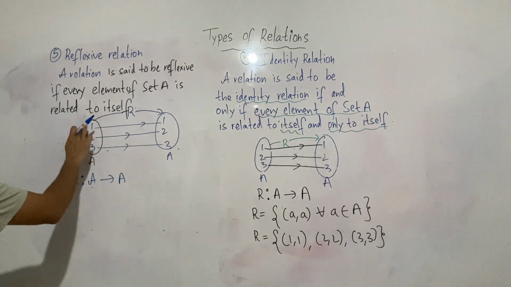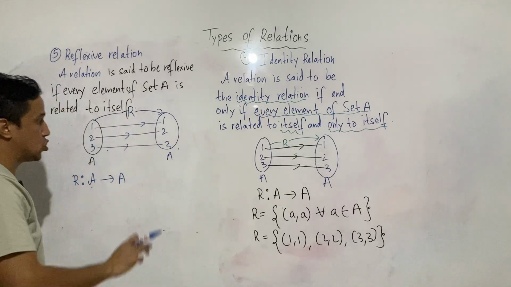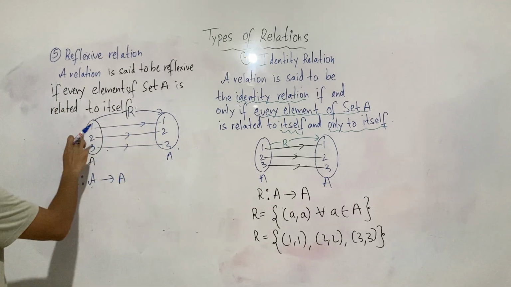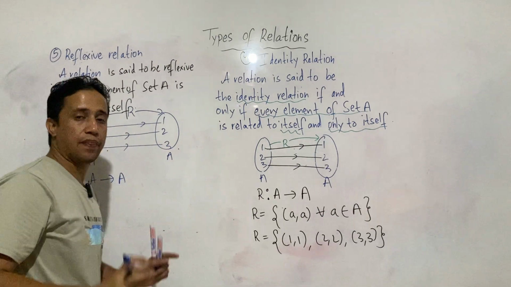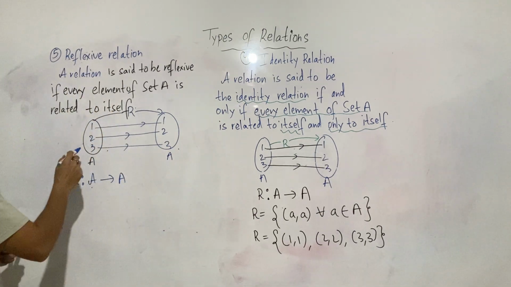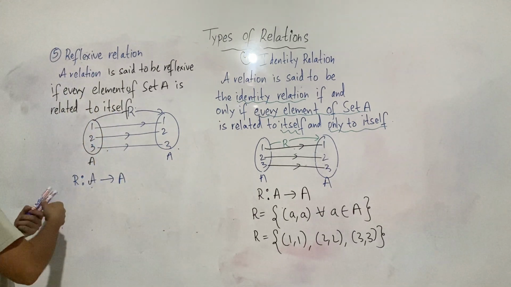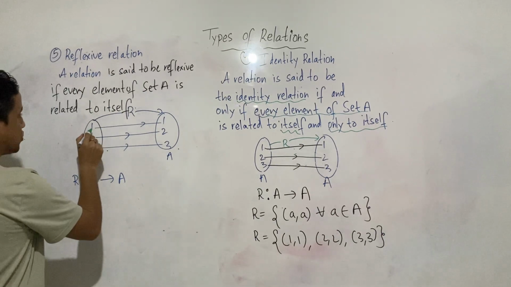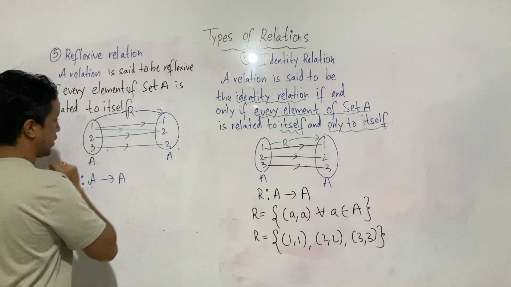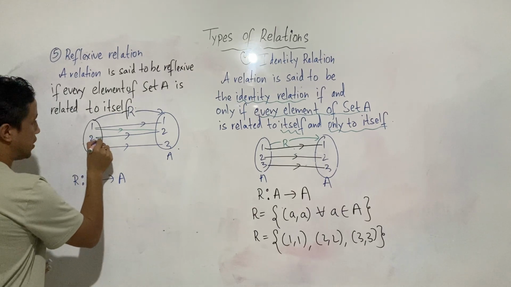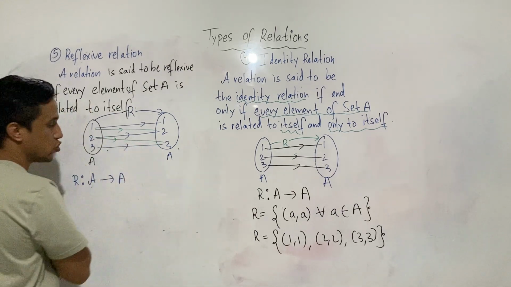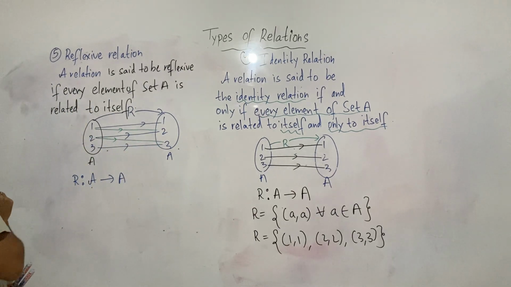Plus, they can also be related to some other elements, meaning that 1 is related to 1, that's fine. 1 can also be in relation with 2. There is no problem with it. 2 can also be in relation with 3. There is no problem with it. Understand?